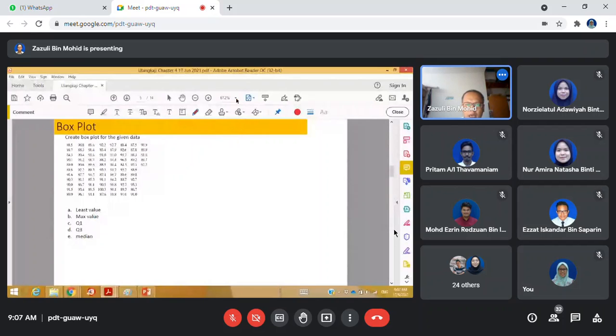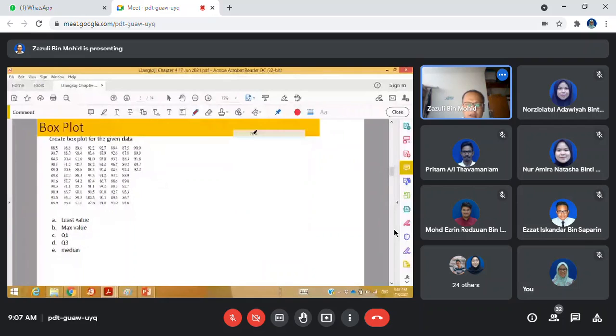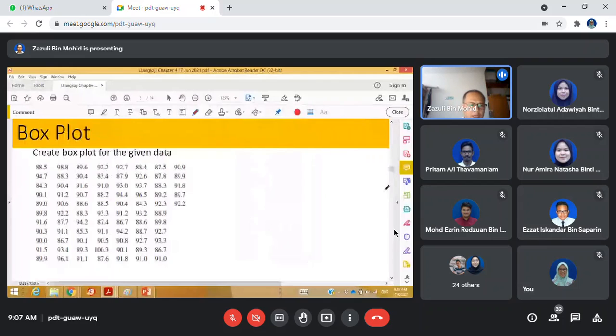The numbers are quite small. Okay, this is the number 88.5 and so on. We have 8 columns and 12 lines. From this data, it is easy for you because you are going to have a test in online class.